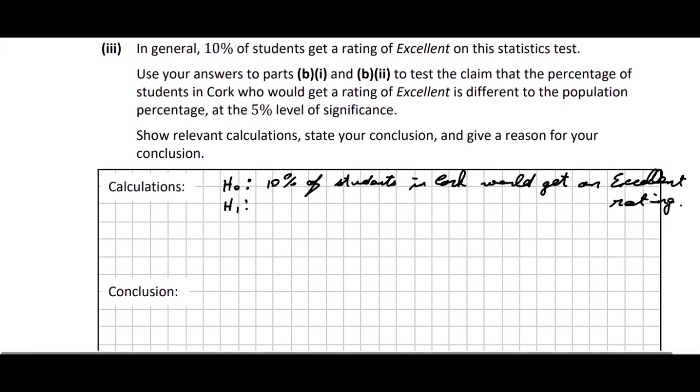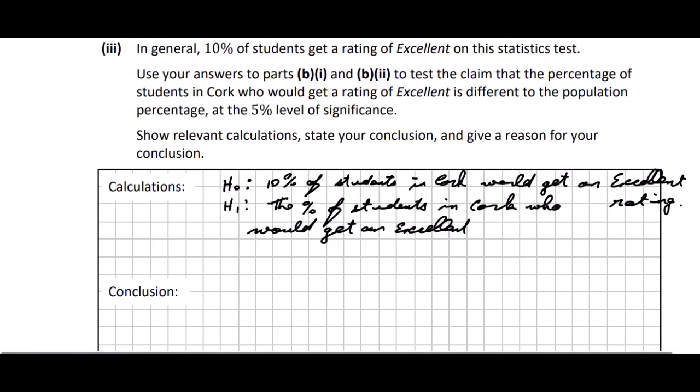And the alternative hypothesis then is that the percentage of students in Cork who would get an excellent rating is not 10%. So our calculations are going to involve doing a confidence interval for the proportion.